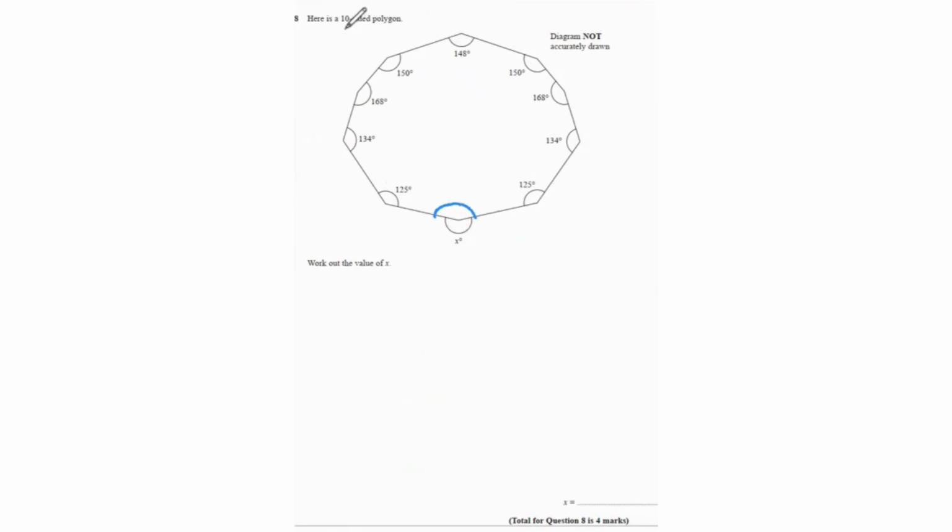So we have a 10-sided polygon. So we need the sum of interior angles first. That's going to be (10 minus 2) times 180. That's 8 times 180, which is 1440 degrees.